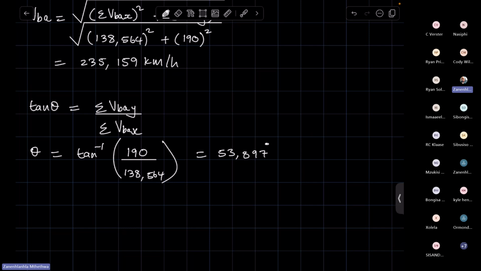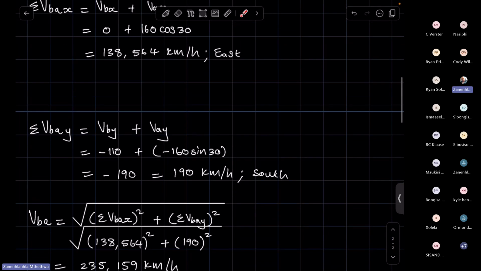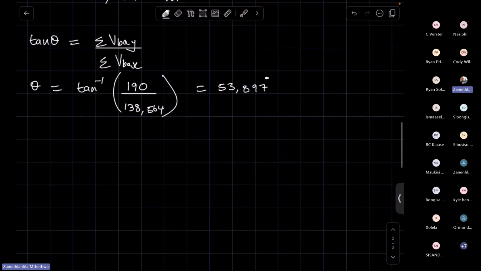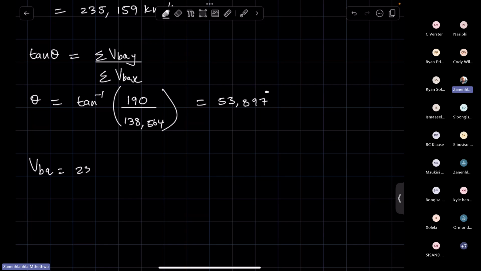As we've established, when you use this, the angle you're determining is referenced from the x-axis. Between the two directions, which of these is referenced from the x-axis? East. Right. So when writing down your relative velocity, VBA is equal to 235.159 kilometers per hour.